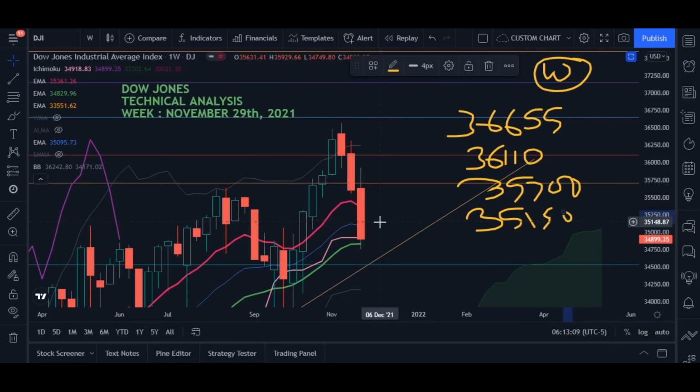Let me draw a line here, this resistance line. Then we have a very strong support, and it is at 34,530.